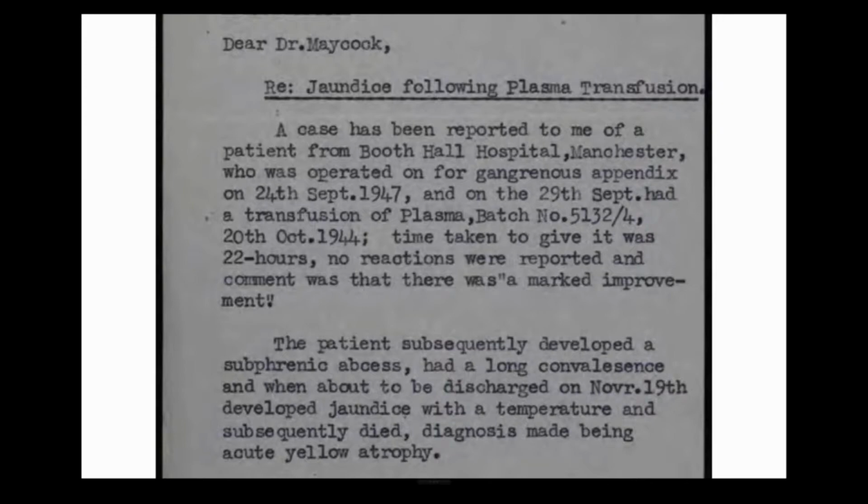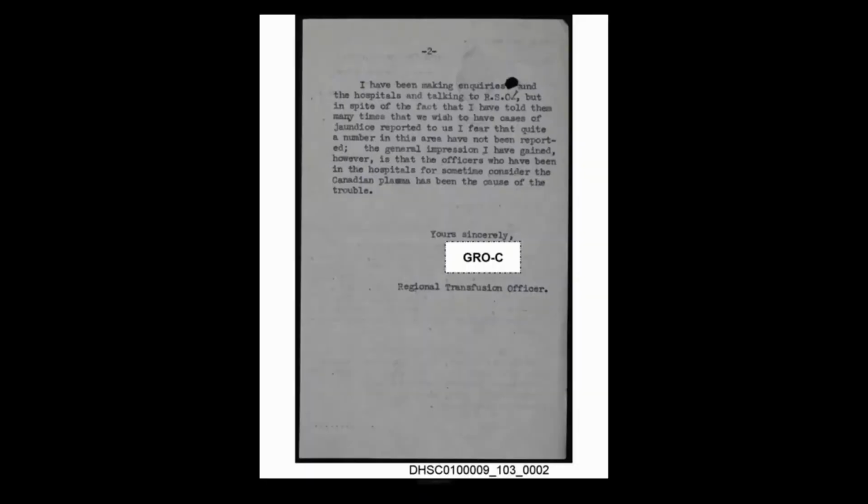Then if we go to the second page, the officer notes, I've been making inquiries around the hospitals and talking to RSO, but in spite of the fact that I've told them many times that we wish to have cases of jaundice reported to us, I fear that quite a number in this area have not been reported.